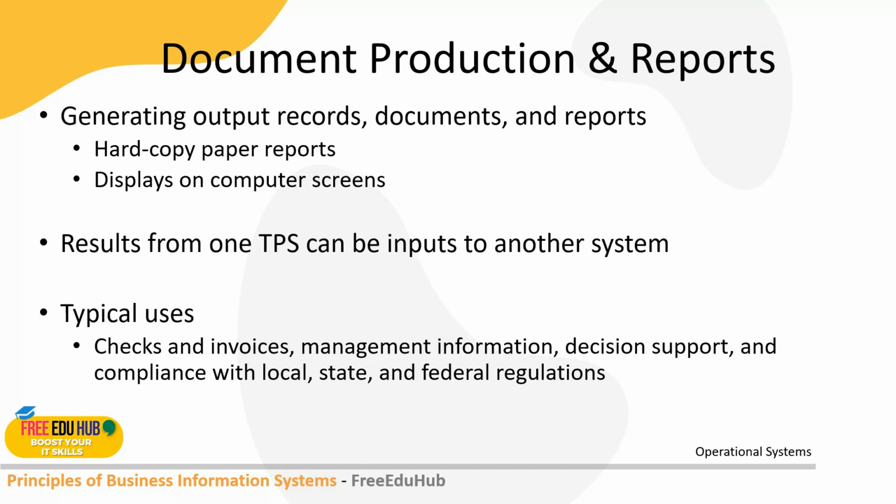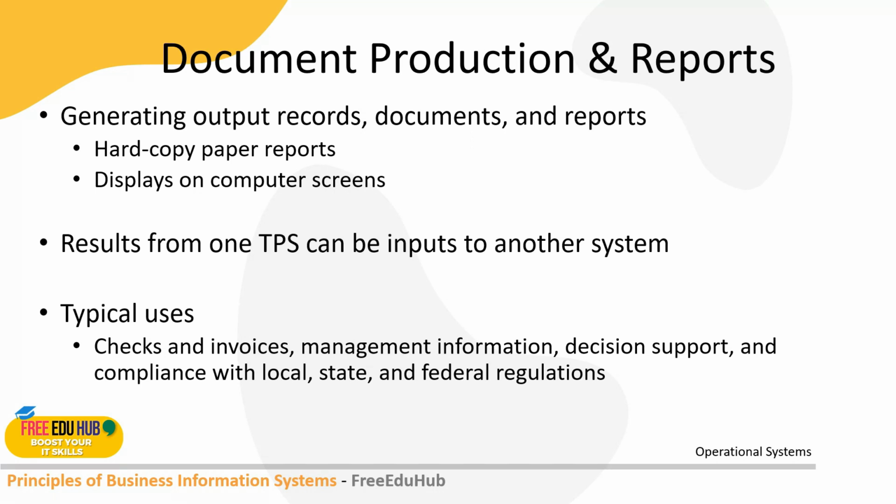So the data which is generated by the TPS can be used by other systems for different transactions, etc. Typical uses of it are checks and invoices being issued, management of the information, decision support, and compliance with the local and state regulatory requirements, etc. When it's printing the invoices, all the taxes, the withholding tax, government tax, and all those other things are mentioned on it clearly, so that it is clear to the customer that this much amount is going to the government for the taxes and other things, and this is the actual price of the product that they have purchased.